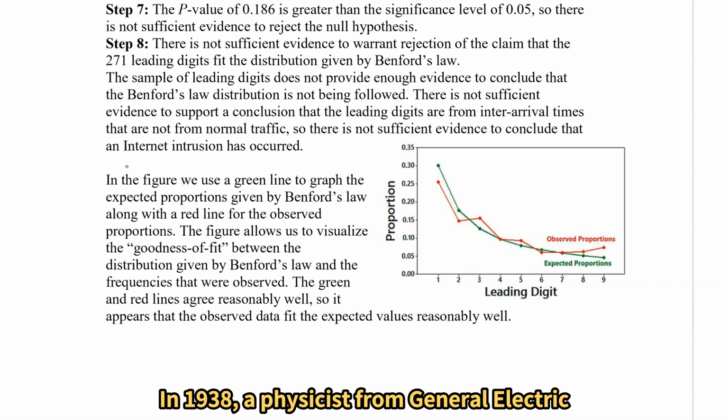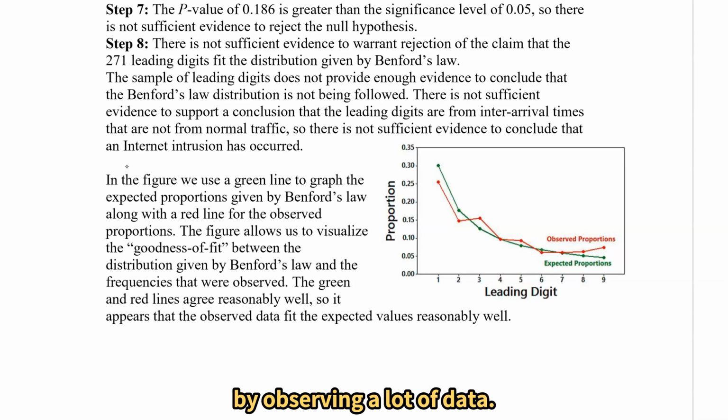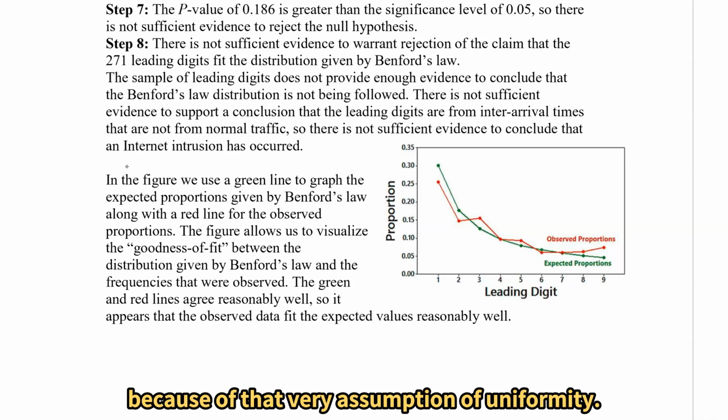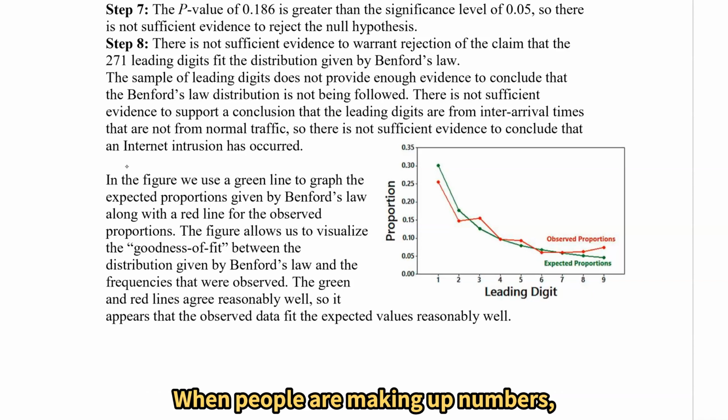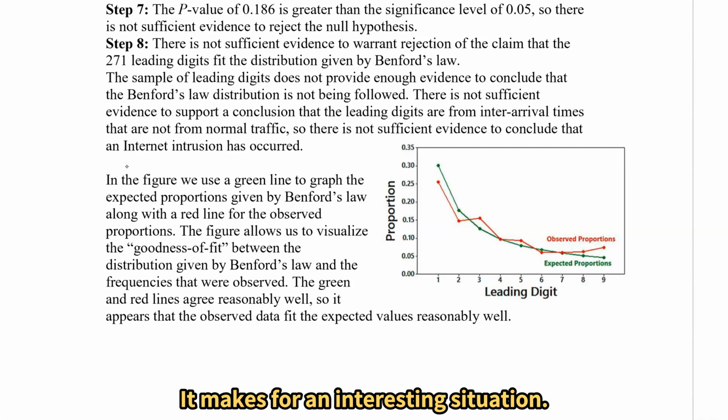So in 1938, a physicist from General Electric named Frank Benford found this distribution by observing a lot of data. Benford's law lends itself nicely to helping detect fraud because of that very assumption of uniformity. When people are making up numbers, they tend to keep those numbers uniform. It makes for an interesting situation.